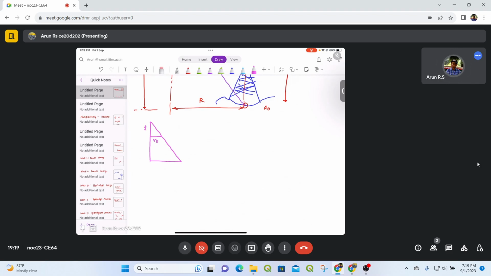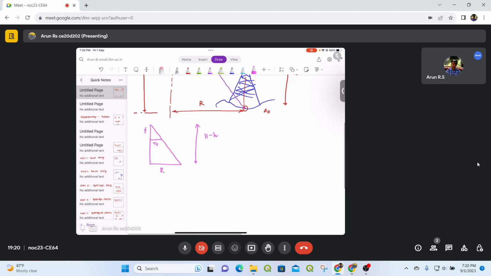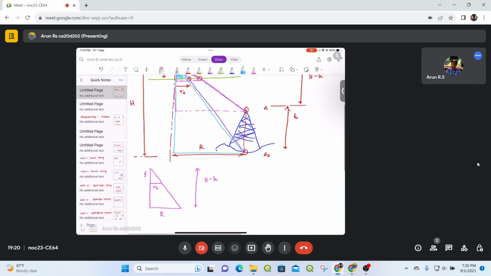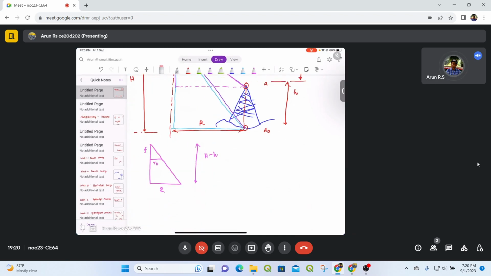This is F. This distance is H minus h, and this distance is capital R. So this is one triangle, and the second triangle I'm going to locate with the blue line, and I'm going to shade that. So this is the second smaller triangle, and the bigger triangle is the entire one. So this is not R naught, this is R.